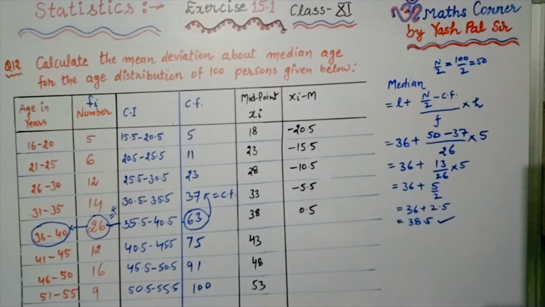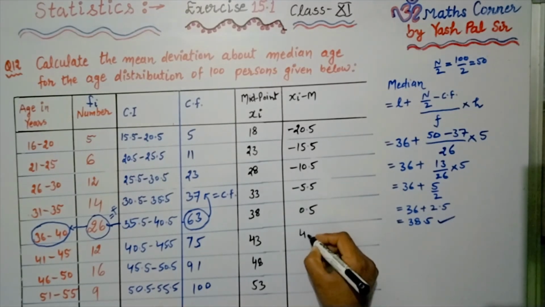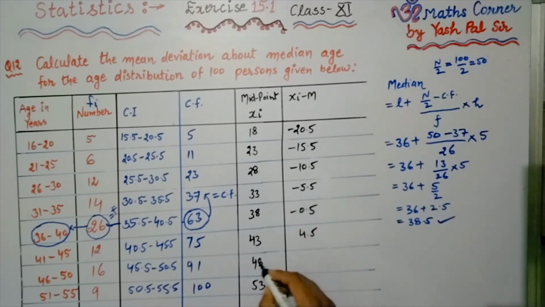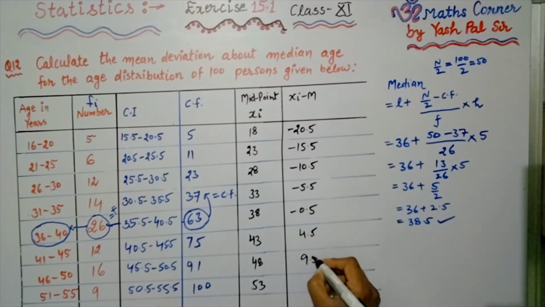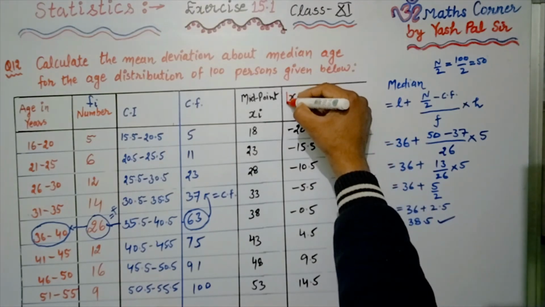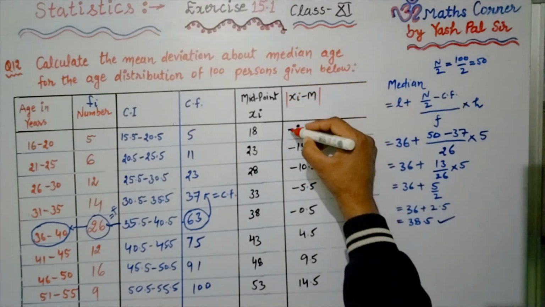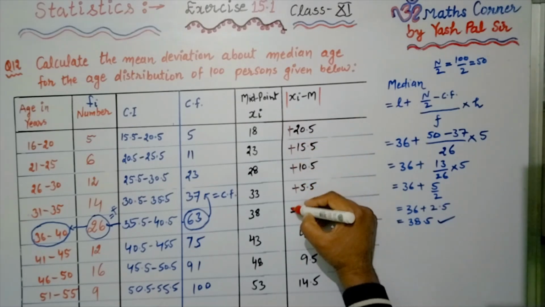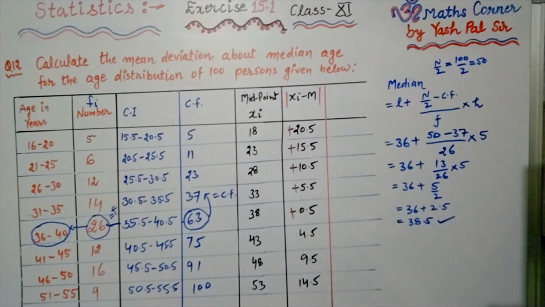Next is 4.5, then 9.5, then 14.5. In the next step we take the modulus sign, so that the negative terms also become positive.